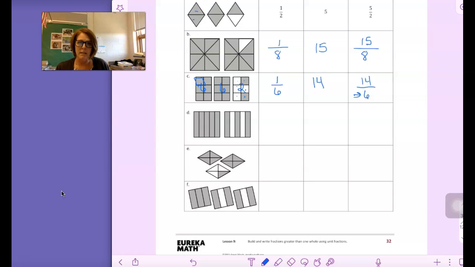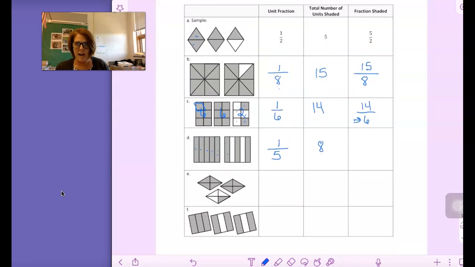Let's do letter D. Our unit fraction is going to be 1, and our fractional unit is 1, 2, 3, 4, 5. So 1/5 is the unit fraction. We have 5 and 3 more parts shaded, so that is 8.